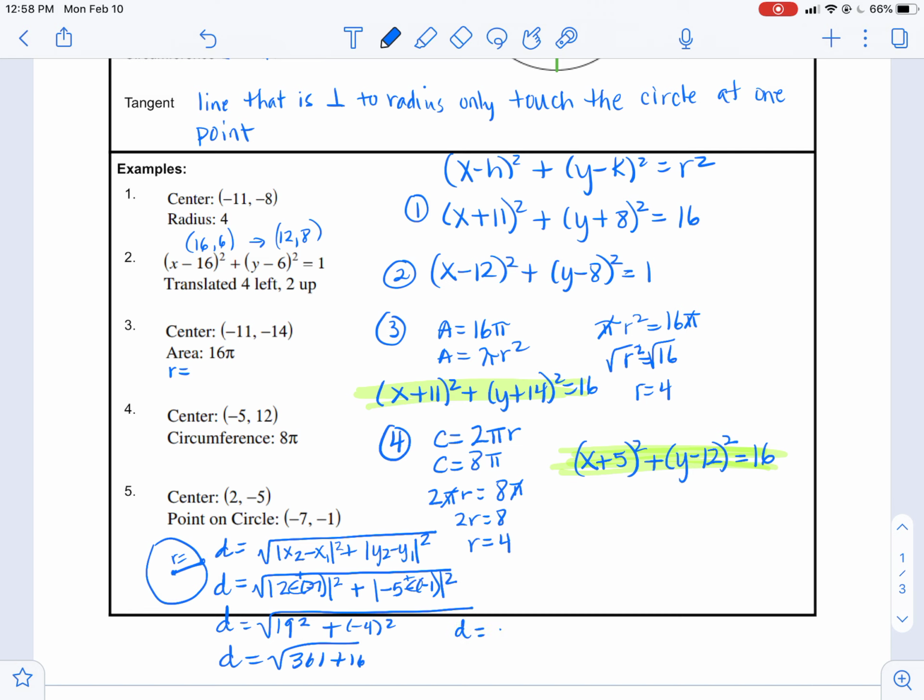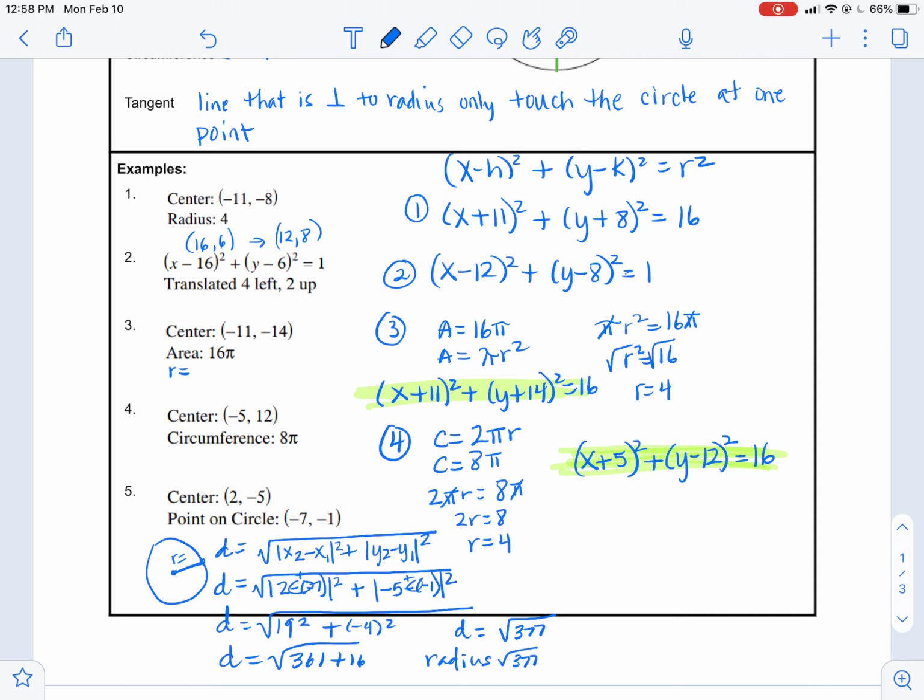So that would be 377 is my diameter, oops, not my distance, that's not diameter. So that is my radius. My radius is, and maybe I should put that as R, but I use D for my distance formula. So in this case, my radius is the square root of 377.